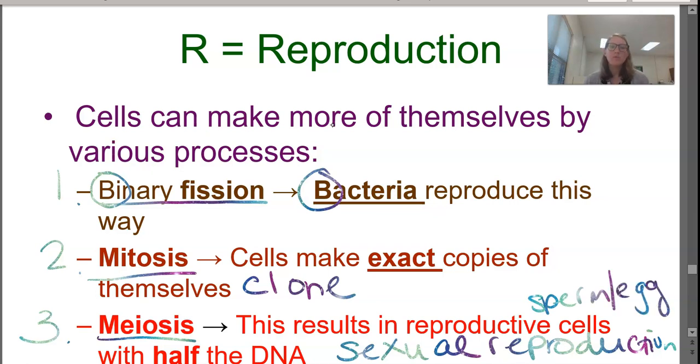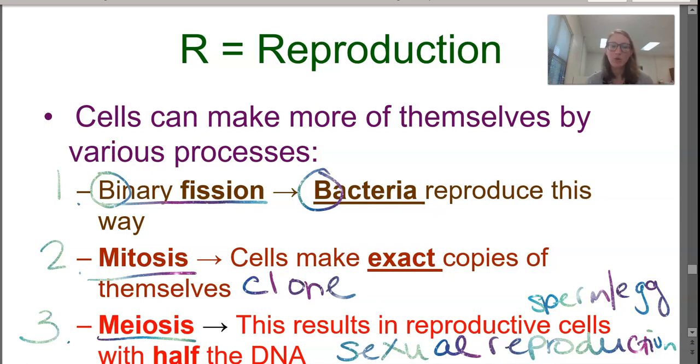Okay, so yes, we're going to talk about sexual reproduction in this class. And it's not just for health, it's for biology too, and it's actually really, really cool. When we get to more detail of meiosis, it's basically the reason why if you have a brother or sister, you don't look exactly like them, unless you're an identical twin, but that's a different story. It's why all humans look so different from one another.